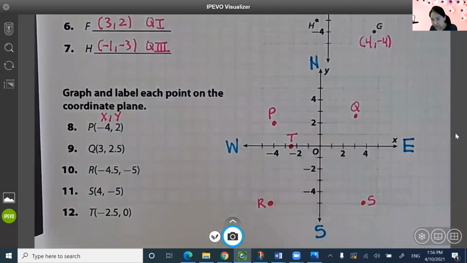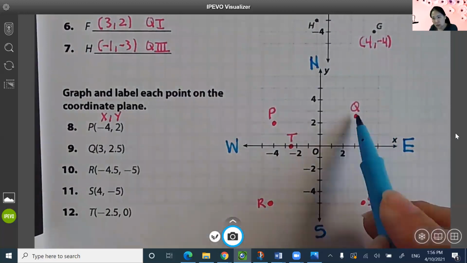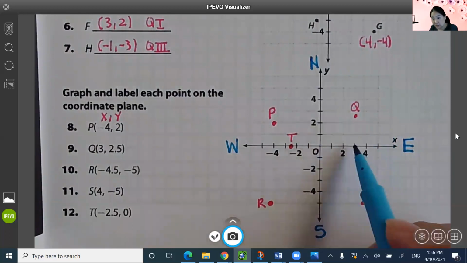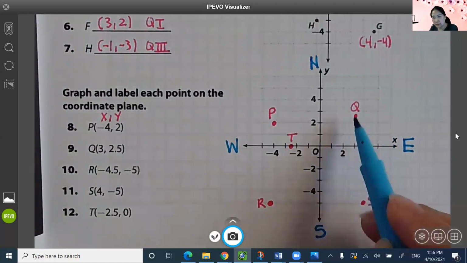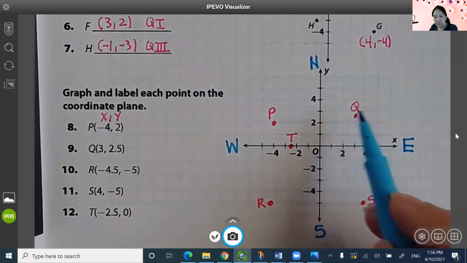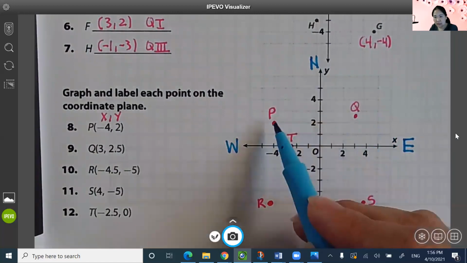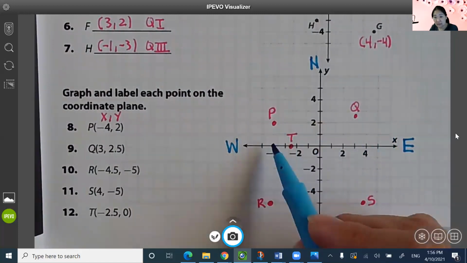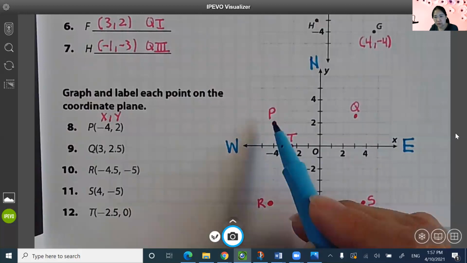So for example, to explain the location of point Q, you can say you go 3 units east from the origin, okay? And then you go 2.5 units to the north because you're going up. This point right here, okay, you're going 4 units to the west, and then you go 2 units to the north, all right?